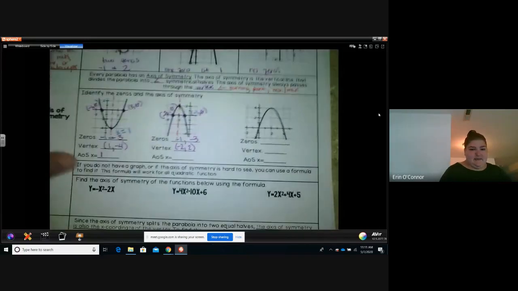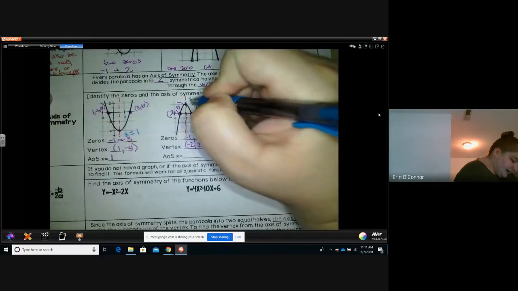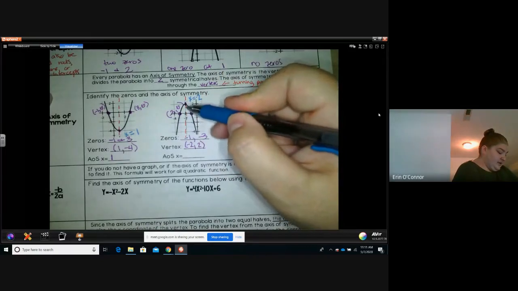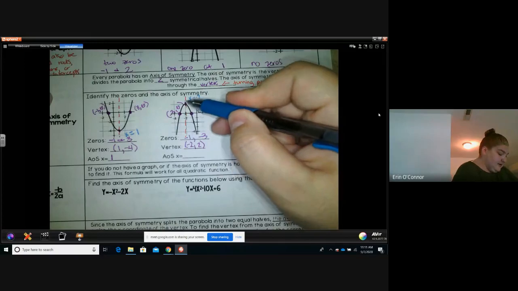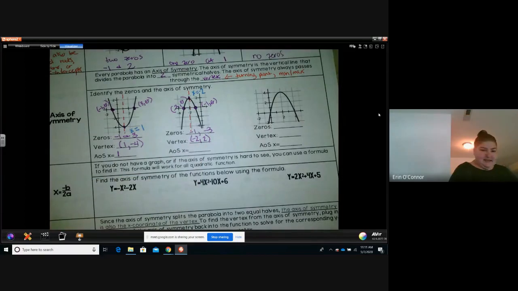This line is symmetrical at x equals -2, because x is -2 right here. Because this point is -2, 0, this point is -2, 1, this is -2, 2. Basically, whatever your x is of your vertex, that's what x is equal to. So in this case, it's -2.